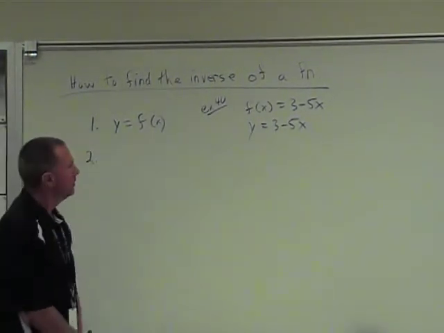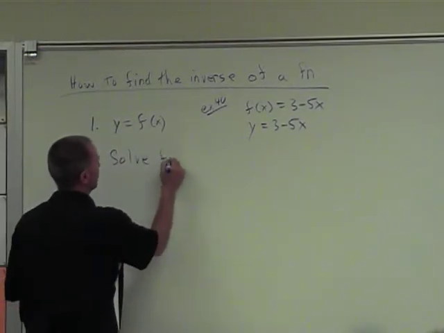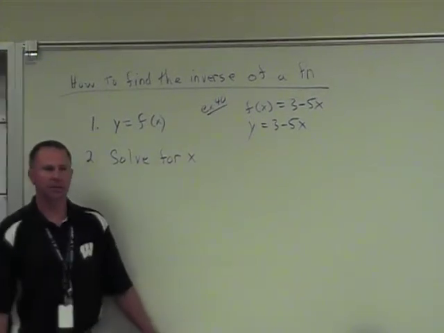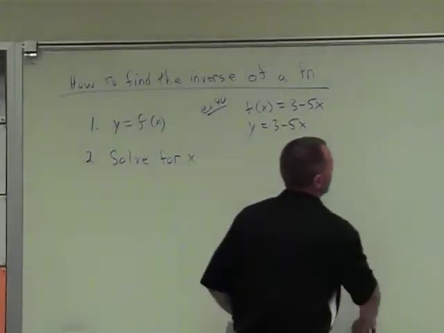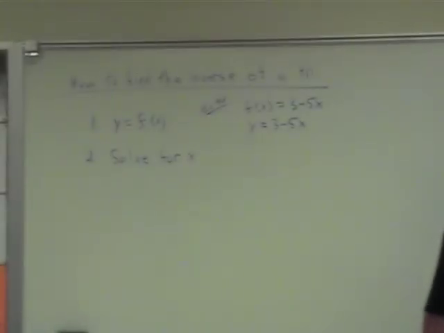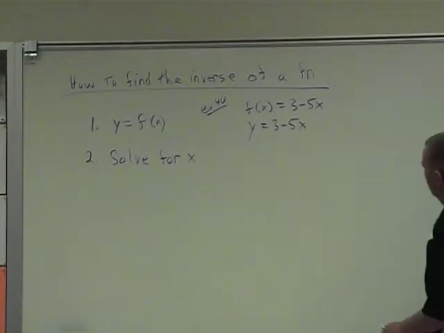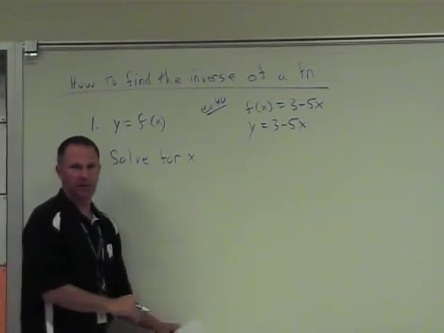Wait for you to catch up. Okay? Step two, everybody right now solve for x. Get x by itself. And then I'll do a more complex problem. Get x by itself.